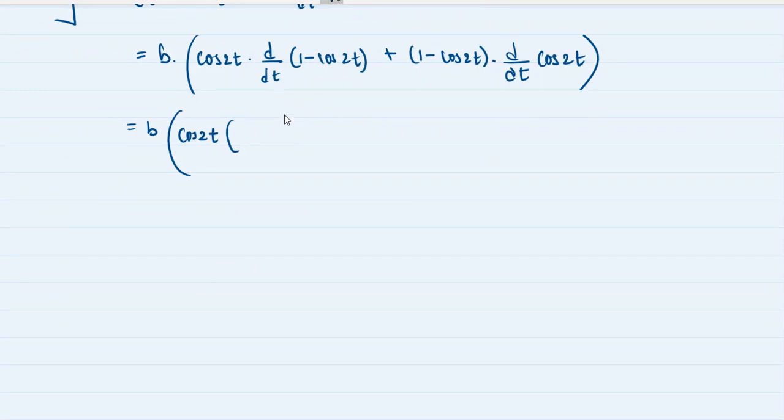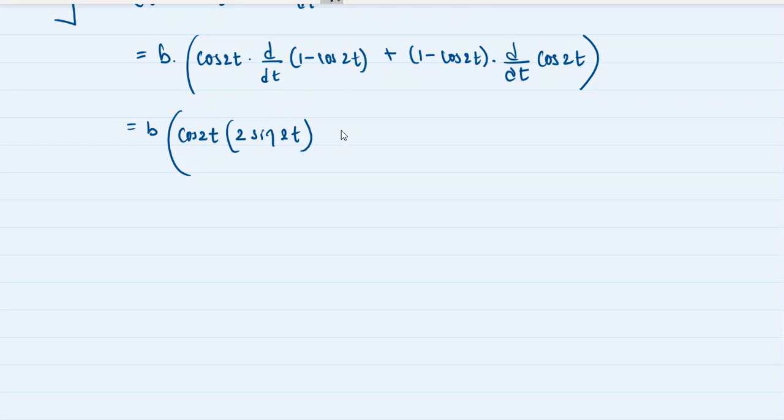Now d by dt of cos 2t is minus sine 2t multiplied by 2. So 0 minus, d by dt of 1 minus cos 2t is minus minus sine 2t basically. So minus minus sine 2t multiplied by 2, or 2 sine 2t. So we get 2 sine 2t over here.